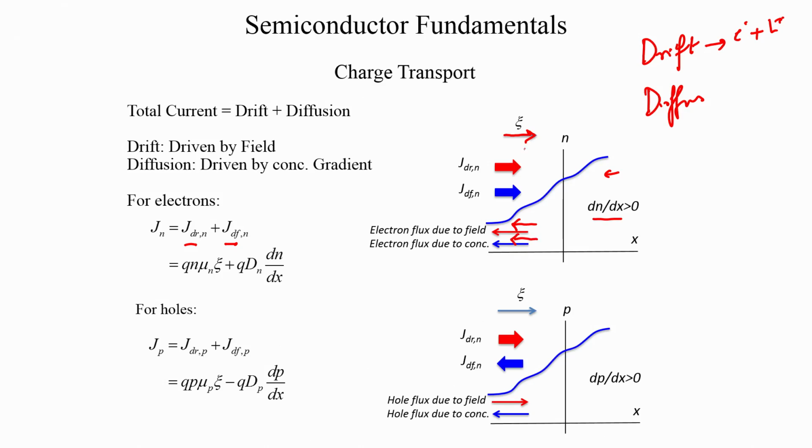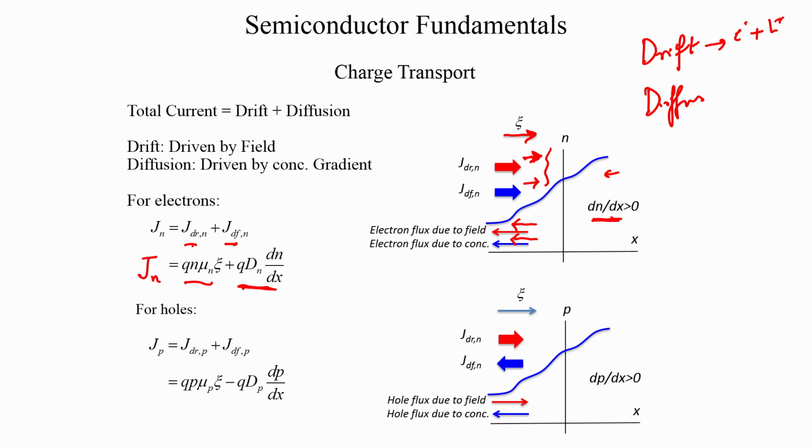So, which means that the drift current, where the driving force is the electric field, and the diffusion current, where the driving force is the concentration gradient, both exist in the same direction and they both contribute to the current. So, J drift plus J diffusion for the electrons is going to be the summation of q n mu n into electric field plus q D n dn by dx to give you the total electron current density.